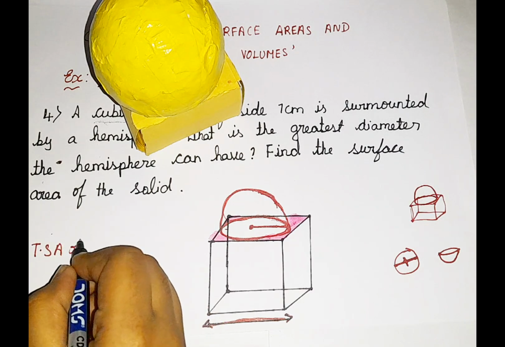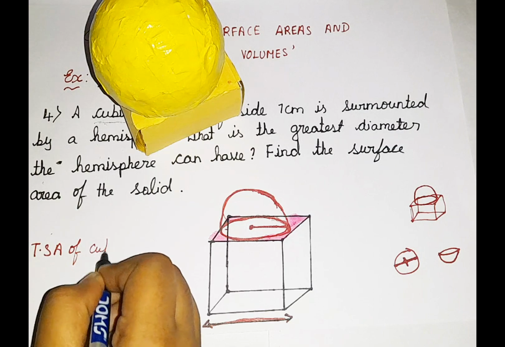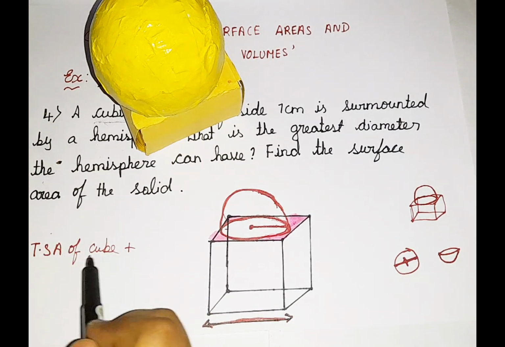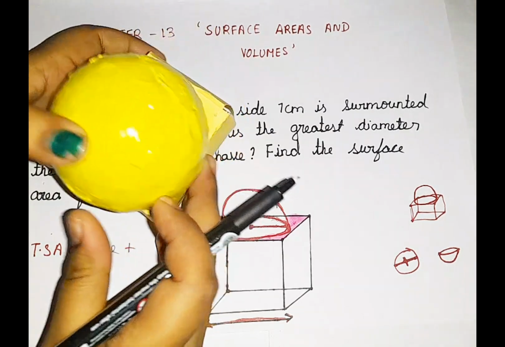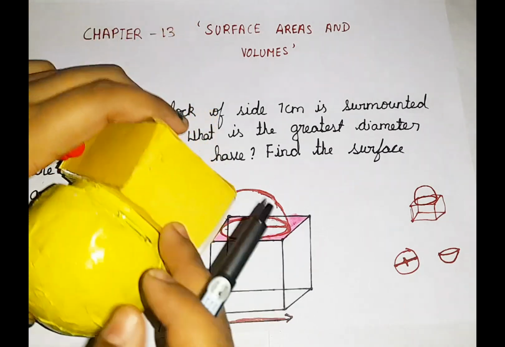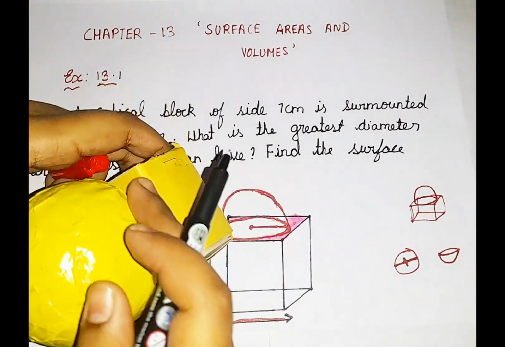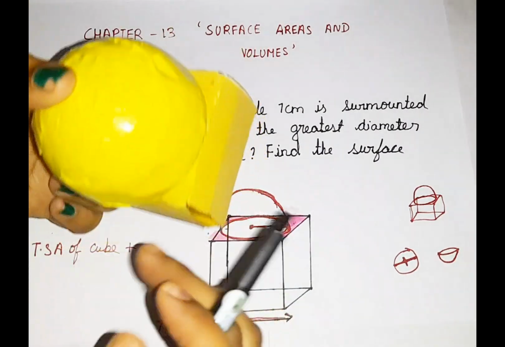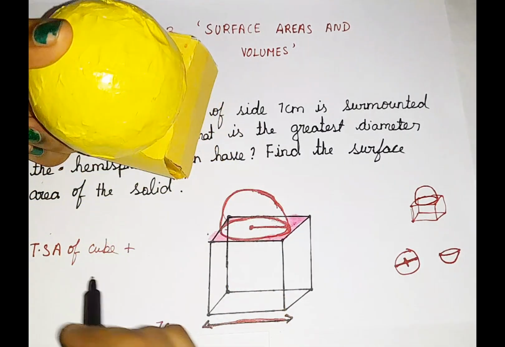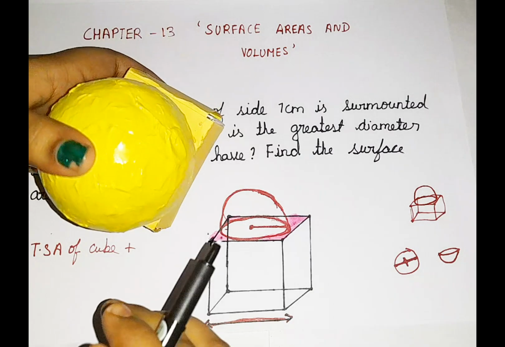So TSA, total surface area of the cube, plus. I'm taking the total surface area of the cube, since we are able to paint most of the parts. Here also I'm able to paint everywhere. Here also I am able to paint half. Because we are able to paint half here, I am going to write something else right over here. Don't get confused.